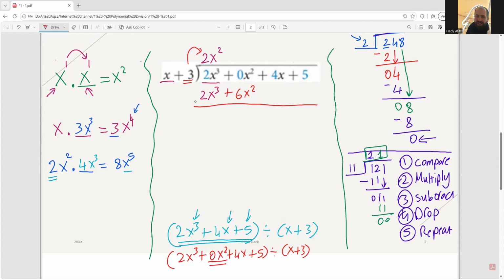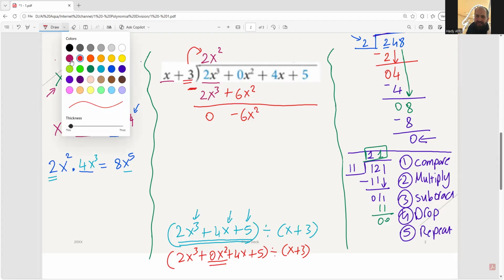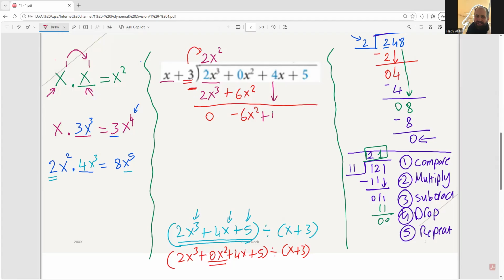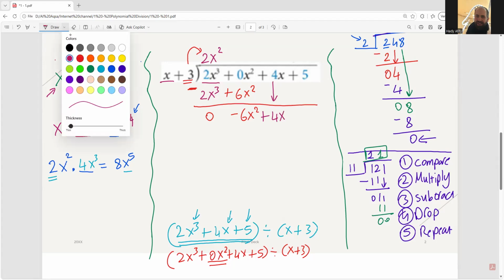I'm going to subtract. Okay, so 2x to the power of 3 minus 2x to the power of 3 will be 0. And then I have 0x squared minus 6x squared, which will be negative 6x squared. Okay, and then the 4x we're going to drop. We finished the subtraction, we're going to drop plus 4x, and then we are going to repeat the whole process again.